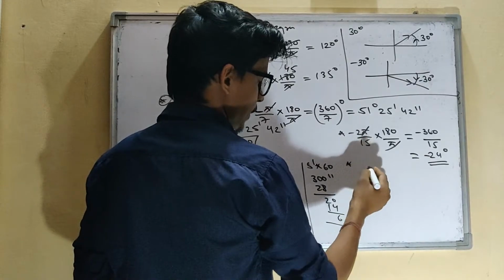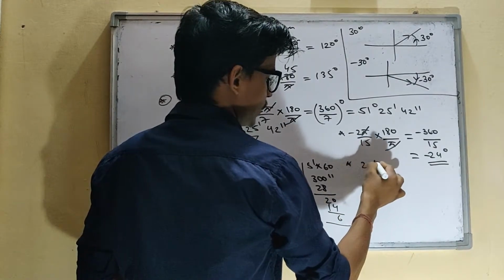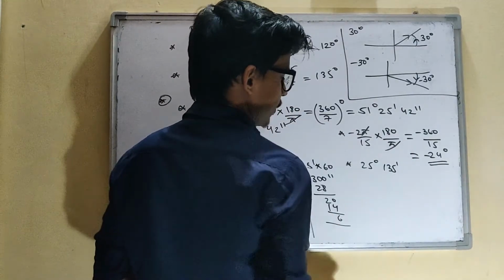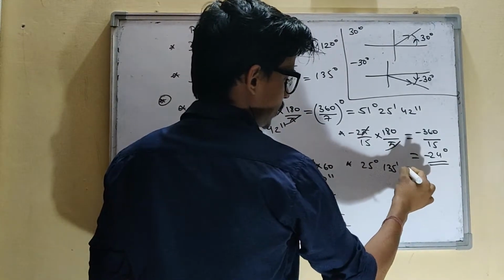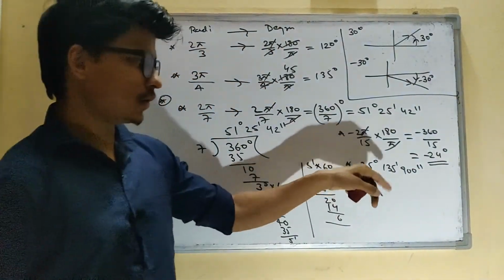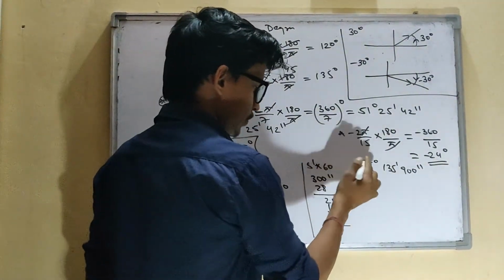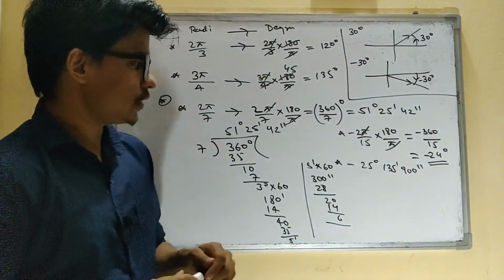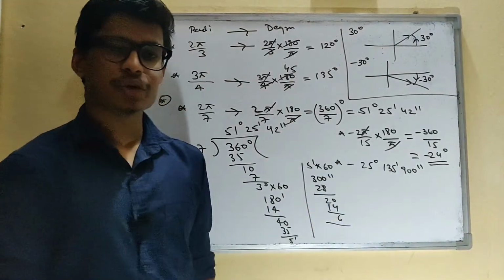There is an interesting question, for example, 25 degree 135 minute and 900 second. What you have to do is convert this into radian.